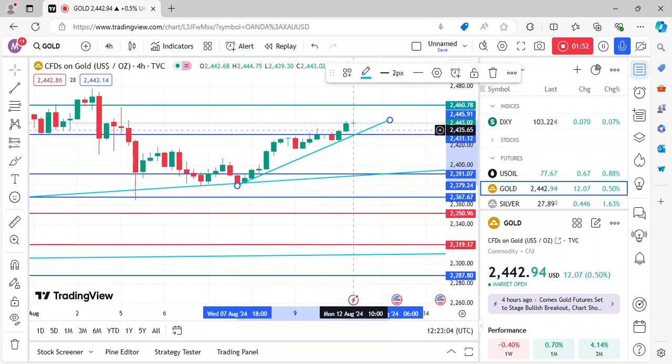So what I'm seeing on gold here is that the trend of gold has changed now, and gold is going to go up to 2,460. So gold might drop to this zone, this trend line over here, and the resistance zone over here, the resistance line. So gold will drop to this zone, then will bounce back, gather momentum, bounce back to 2,460.